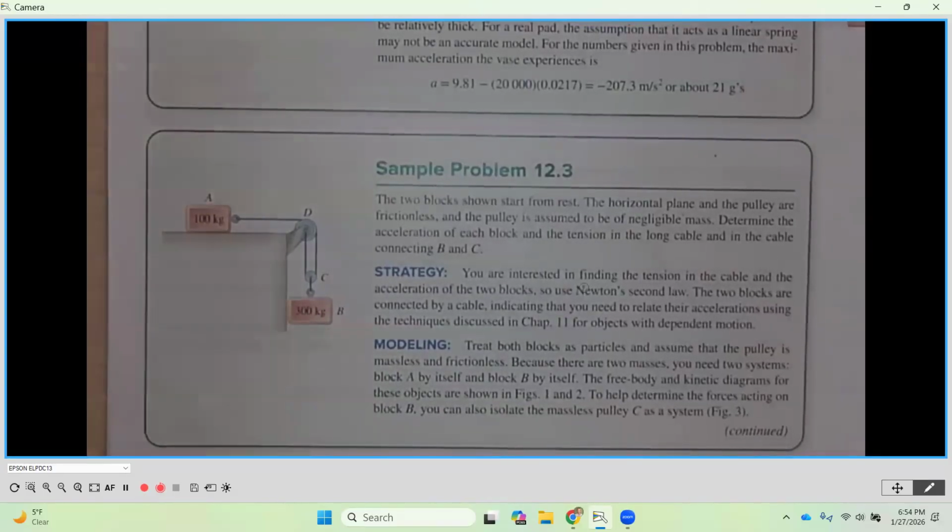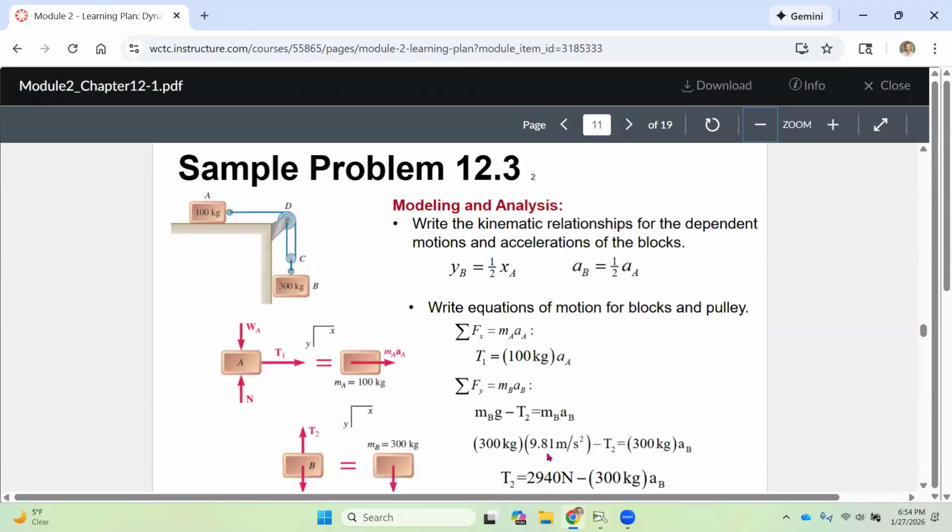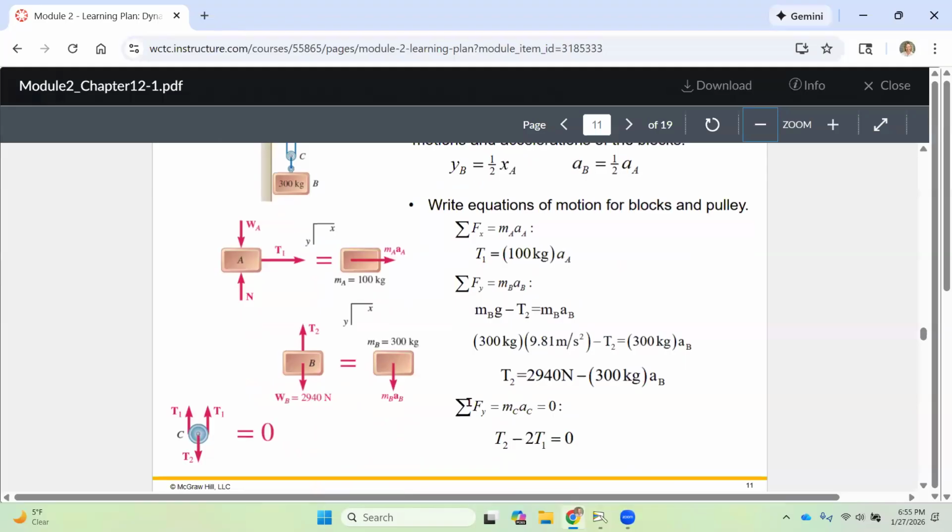Now, something I want to show you, and I'm going to go back to the illustration that they have here. Something that I'm not going to do that the book did, and it's going to change some of the signs of our values if you're comparing along the way. They have their convention where they have positive X to the right and positive Y down. We're going to keep positive Y going up, just to be consistent with the rest of the world and all the other problems.